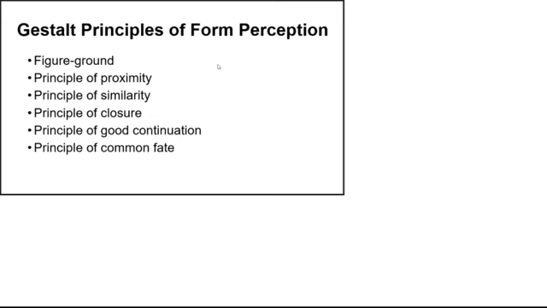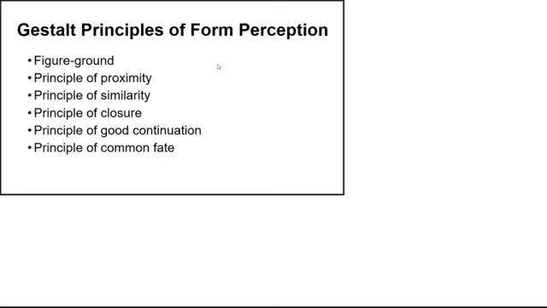In this case, the whole is worth more than the sum of its parts. This just refers to the fact that when we look at stuff, we tend to imply meaning, or we tend to make assumptions that are above and beyond what's actually there. And so we're going to look at some of these principles that illustrate which ways we tend to stick stimuli together, which way we tend to look at things, and then we'll get a feel for ways that humans have these shortcuts to look at things as a bigger piece.